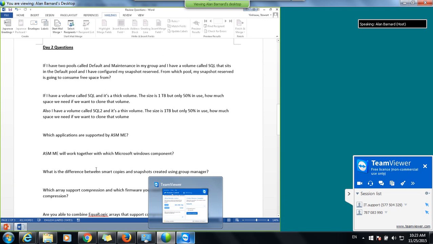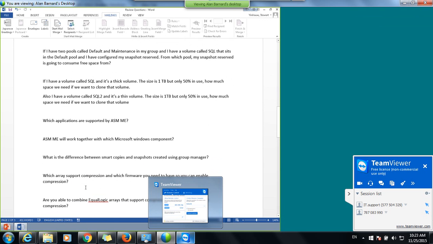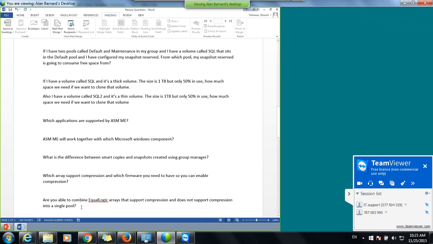So only 62 and 66 are supported. Nice. Next question. Are you able to combine EqualLogic arrays that support compression and do not support compression into a single pool? Yes or no? Yes. Very good.